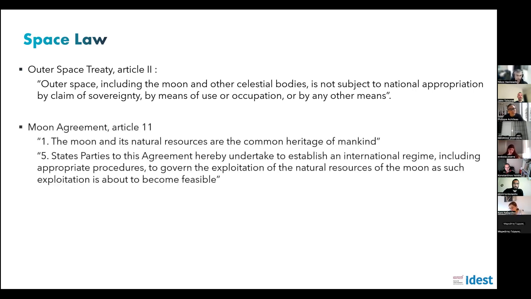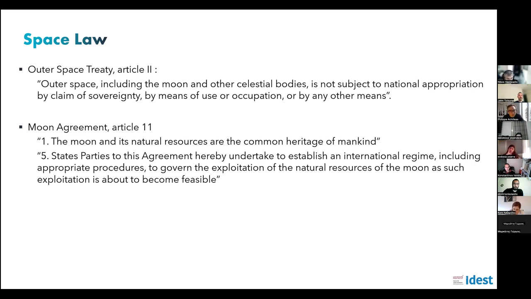The second treaty is the Moon Agreement, and it's Article 11, which considers the Moon and its natural resources as the common heritage of mankind.